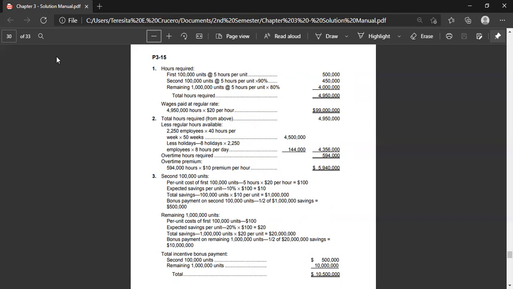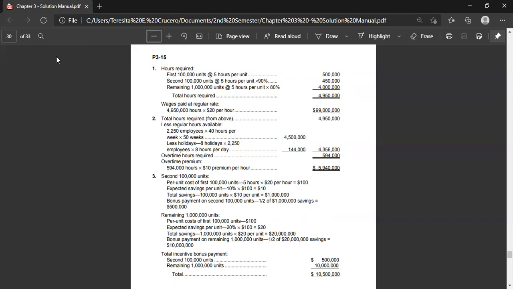To anticipate the labor cost to be included in a request to bid on a contract for 1.2 million units that will be delivered to the customer at the rate of 100,000 units per month, the company has compiled the following data related to labor.